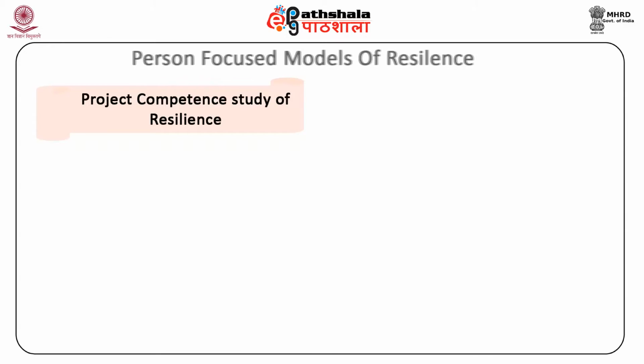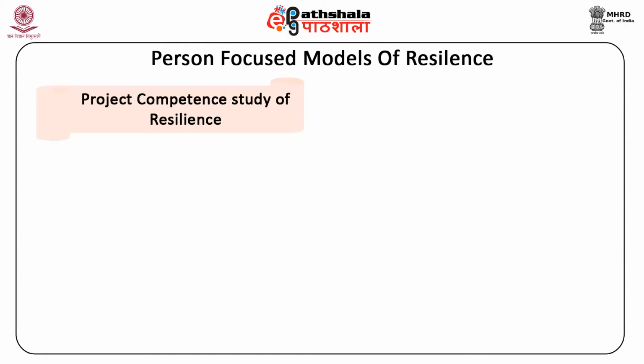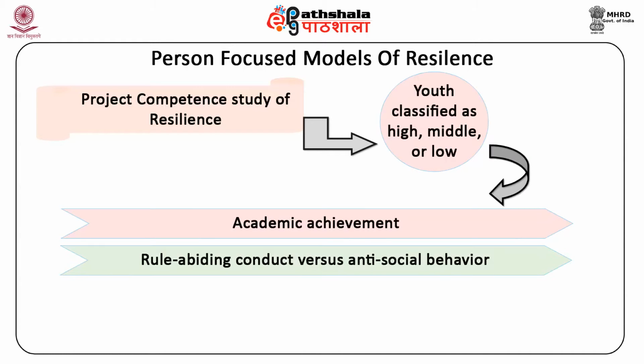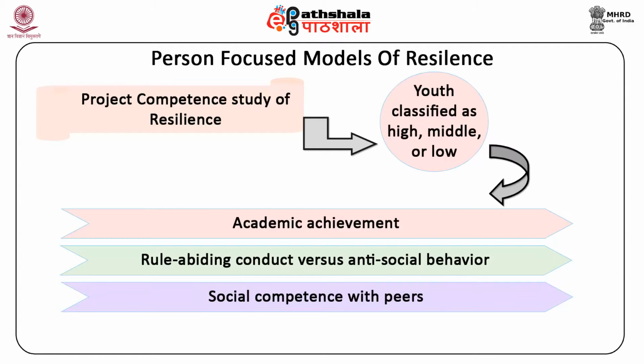In the Project Competence Study of Resilience, youth from a normative urban sample were classified as high, middle, or low on competence. This was done on the basis of success on three main developmental tasks for their age group: academic achievement, rule abiding conduct versus antisocial behavior, and social competence with peers.